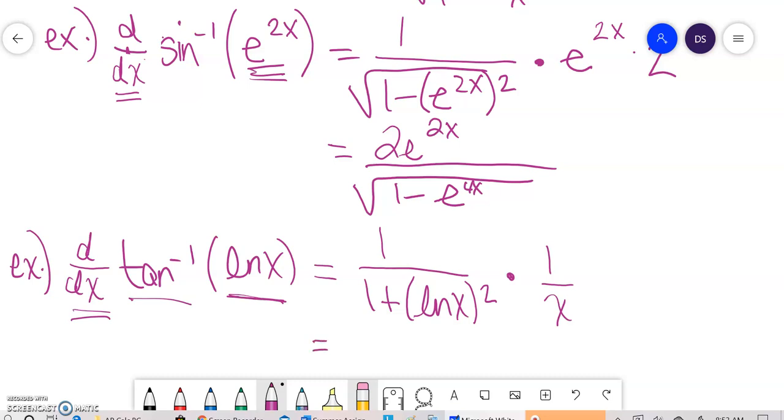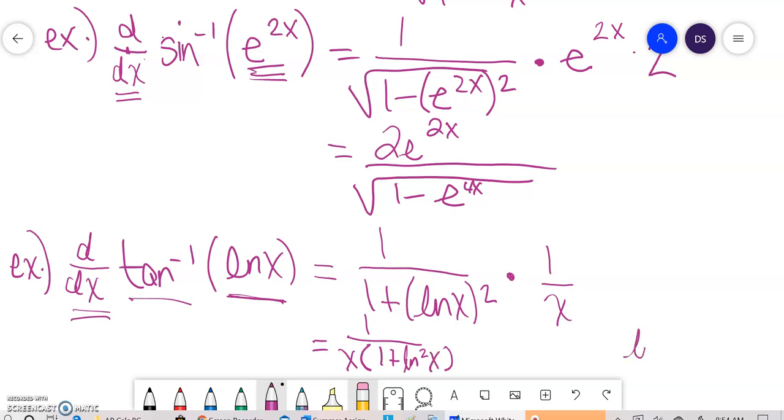So I'm going to simplify this a little bit, and I'm going to write the 1 over x in front, and then put 1 plus, I can leave these parentheses, natural log of x squared, or I could rewrite it like that.